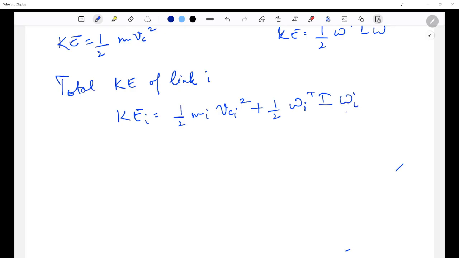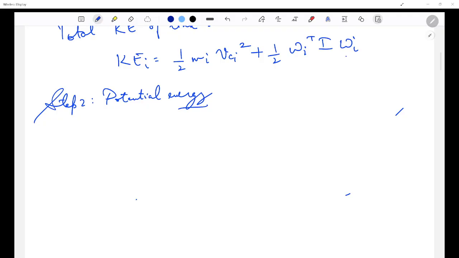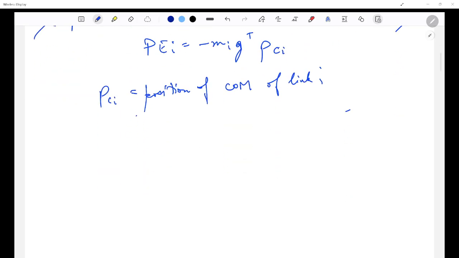Okay, now let's talk about potential energy. For robots we usually consider gravity only. So your potential energy of some link i is minus mi g transpose pci. Here pci is the position of the center of mass of that link, and g is the gravity vector.